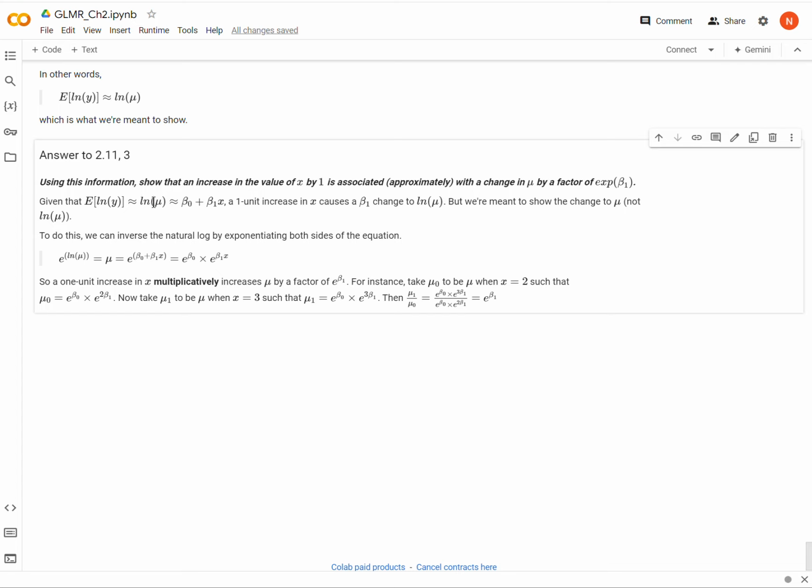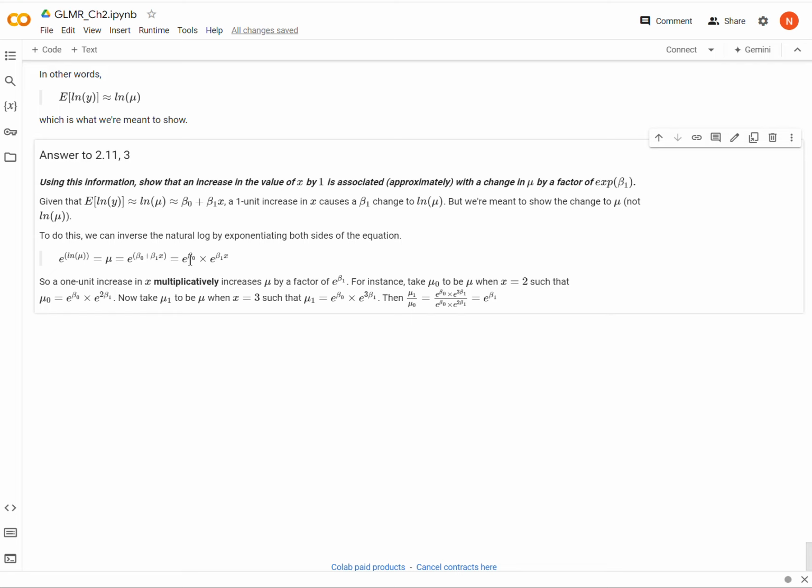But when we exponentiate one side, we have to exponentiate the other side. So we've exponentiated the log of mu, which just gives us mu, and that equals, now exponentiating the other side, e to the whatever. When I have a sum there, I can rewrite that as the product of the terms.